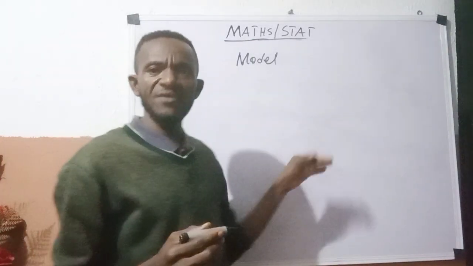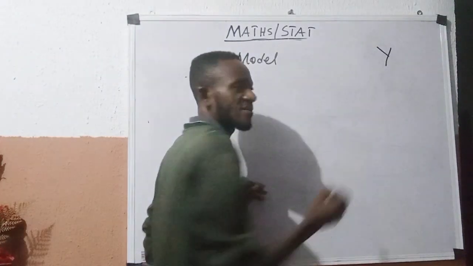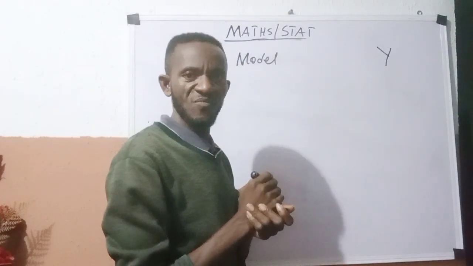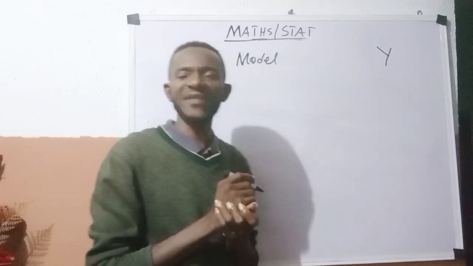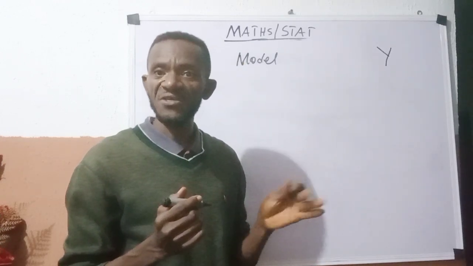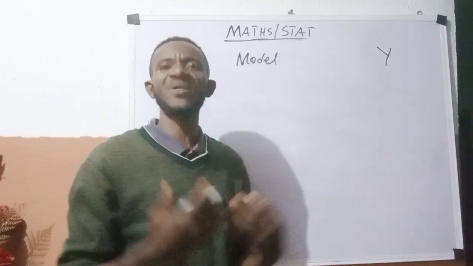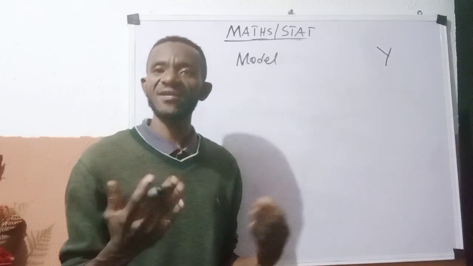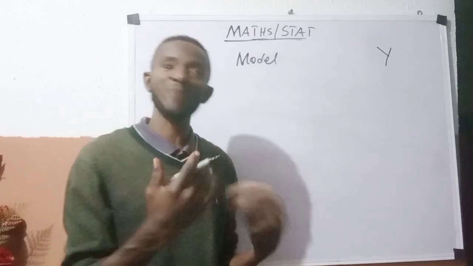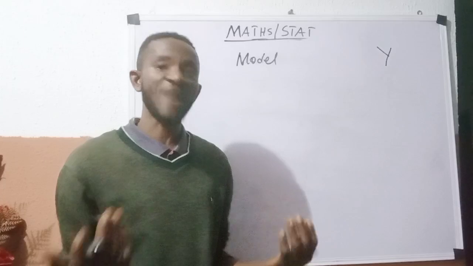In multiple linear regression, we have one dependent variable as well, written as Y. But we have more than one independent variable. It could be 2, it could be 3, it could be any number. Because we are not certain about the number, we can say there are k independent or explanatory variables, where this k could take any value.